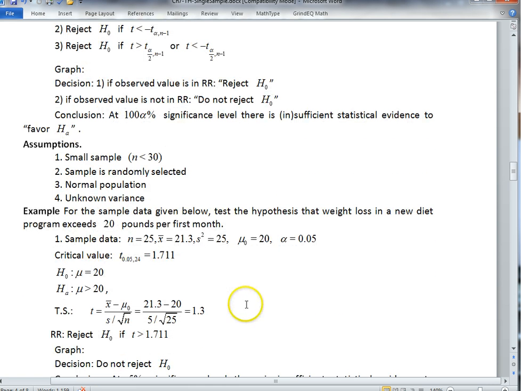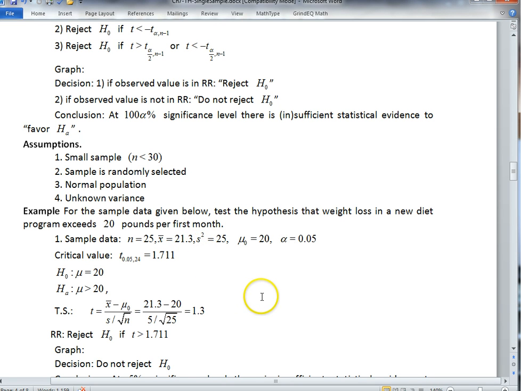Let's apply it for this problem. So for the sample data given below, n is 25, x bar 21.3, s squared 25, and mu 0 20, alpha 0.05. Test the hypothesis that the weight loss in a new diet program exceeds 20 pounds. So it's a similar problem, but based on a sample of 25, but now my x bar is 21.3.